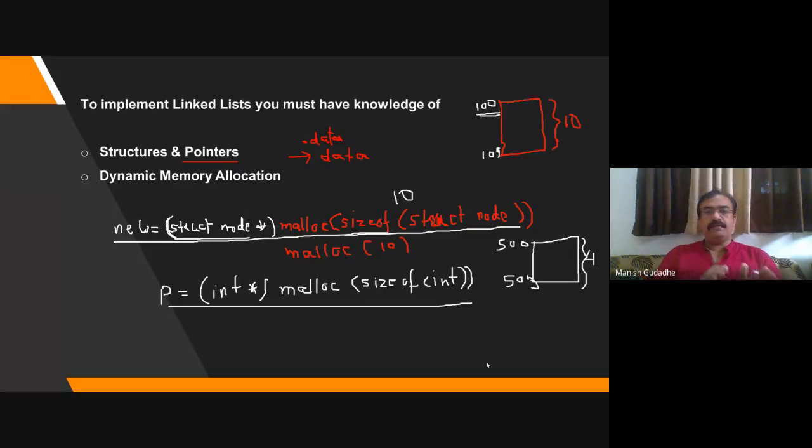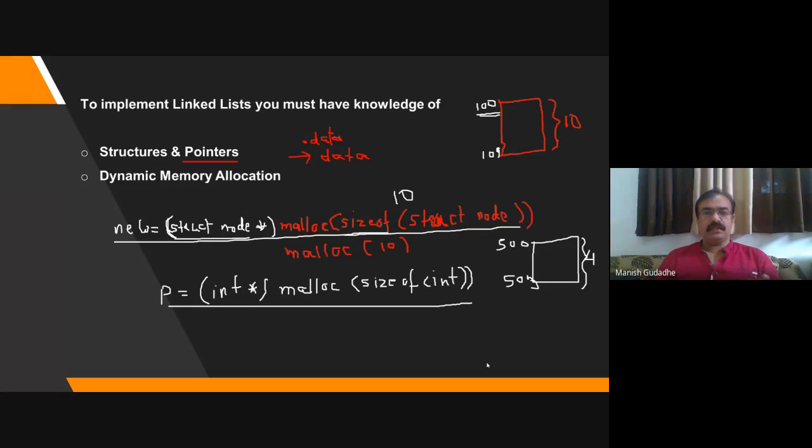Because this is a dynamic data structure where every time an element arrives to be inserted in the linked list, we need to create or allocate a space for that node, and then only link it with the existing linked list. That space can be created randomly anywhere in the memory, and that is just linked with the linked list.